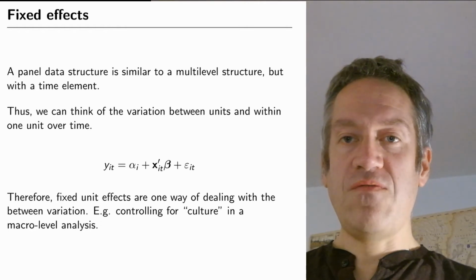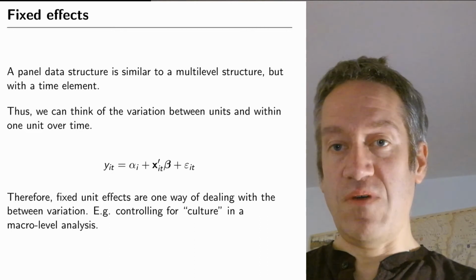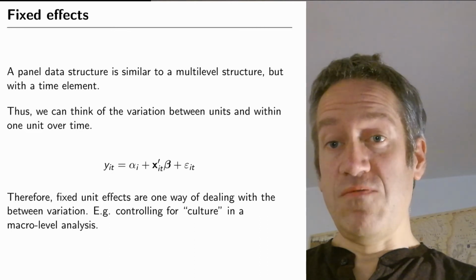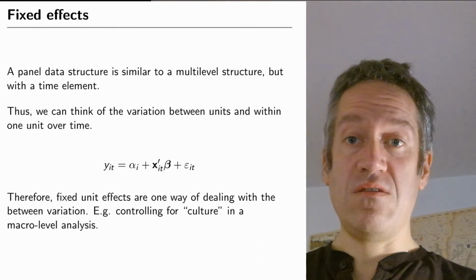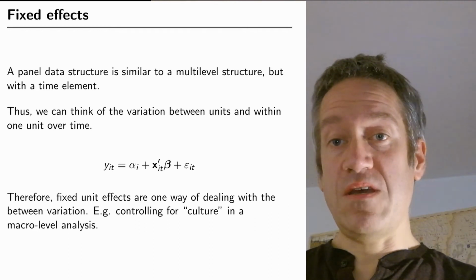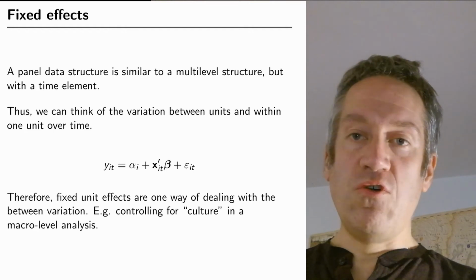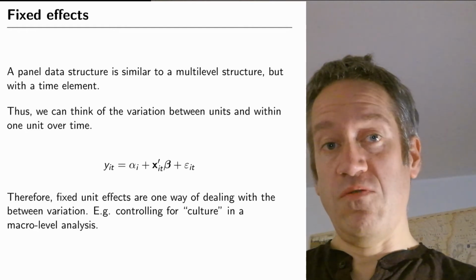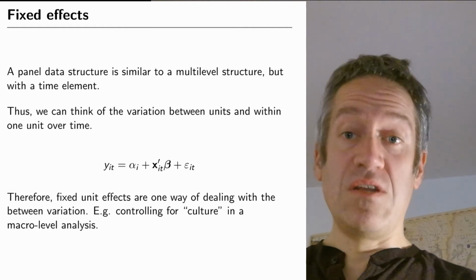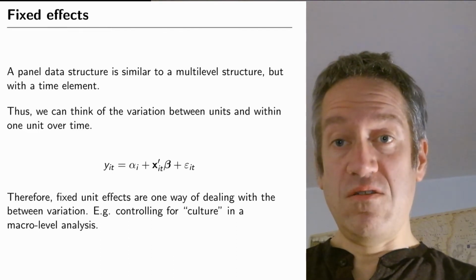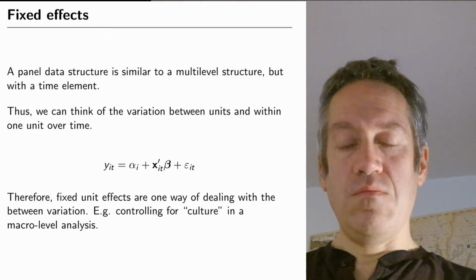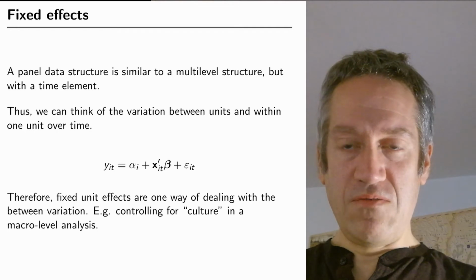So if we have 10 countries over 20 years, then we can think of this as 10 groups of observations, each with 20 different time observations. And so when we talk about fixed effects, we are typically, not always, talking about having a dummy variable for each of the 10 units in the model. Or since you always have to leave one out, 9 of the 10 units.